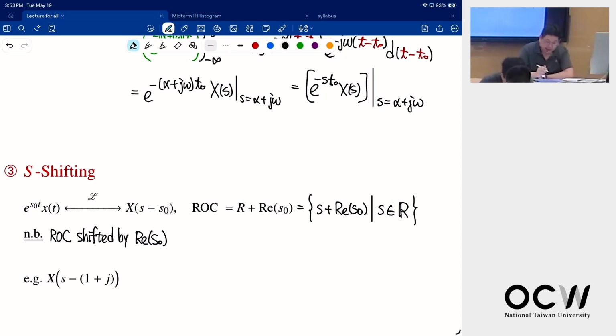So here's the example. In the S domain, I shift by 1 plus j, which means the region of convergence is the original region of convergence shifted by 1.